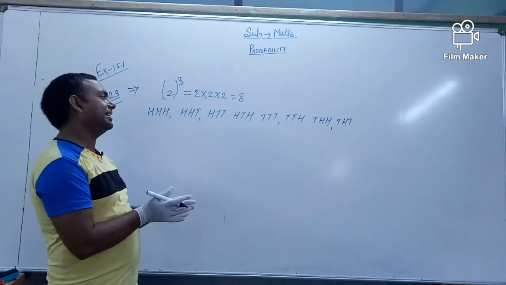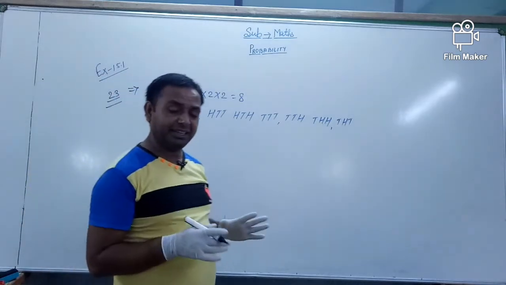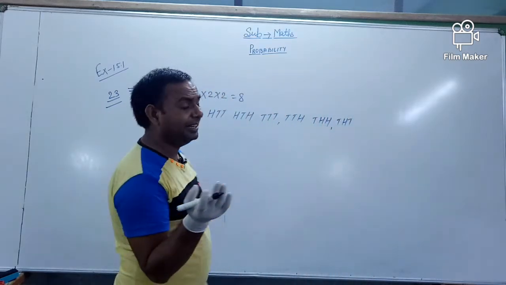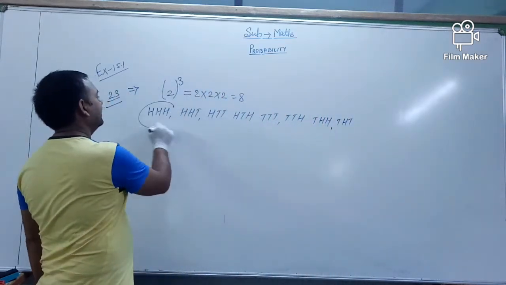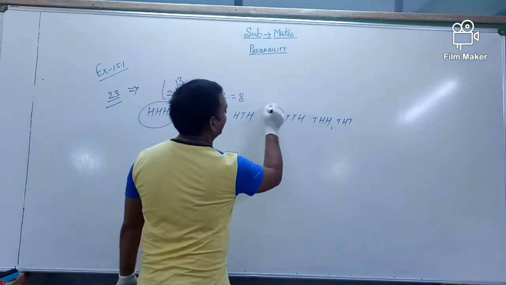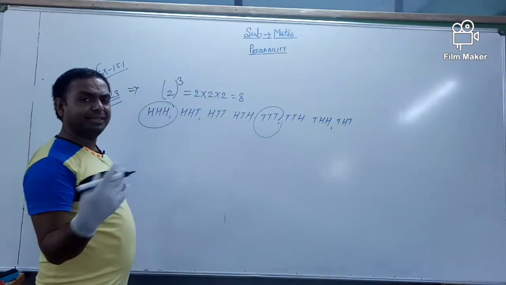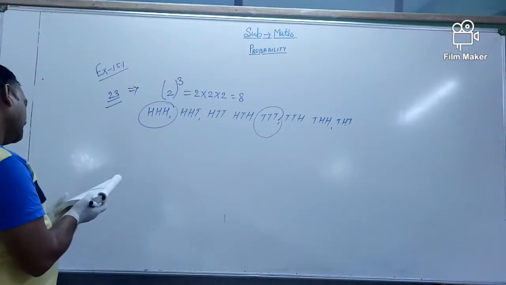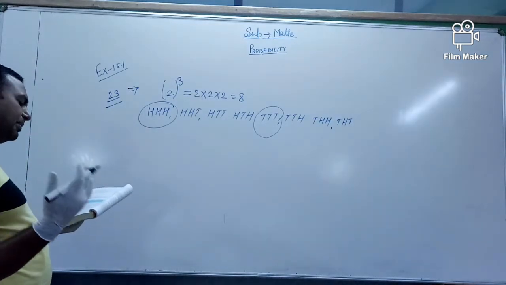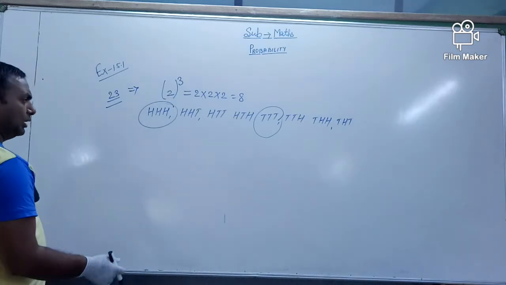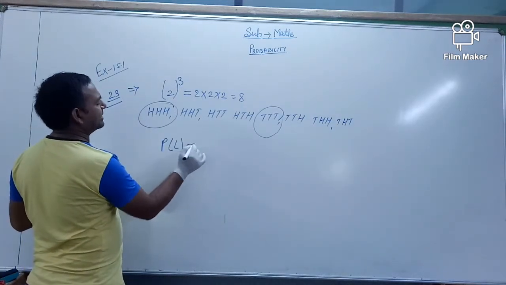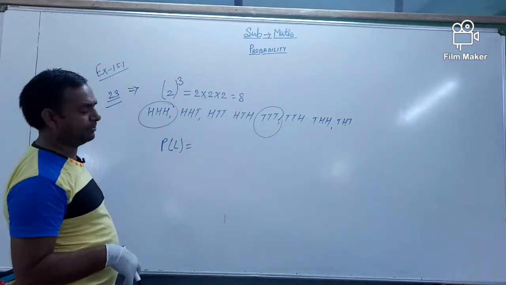The condition is that Hanif only wins if there are either 3 heads or 3 tails. So you remove the 3 heads and 3 tails cases, otherwise he will lose the game. Here we need to find the probability that Hanif will lose the game, P(L).